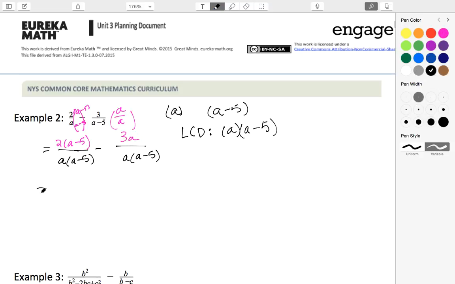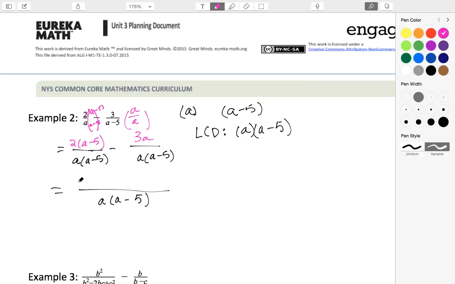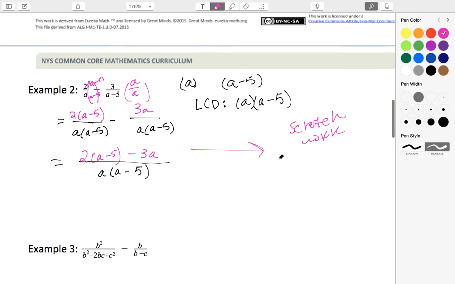So then I go ahead and rewrite this all under the same common denominator, and I will get 2 times a minus 5 minus 3a, and then here I'll show my scratch work. So I have 2 times a minus 5 minus 3a.